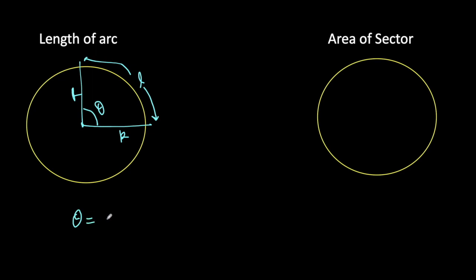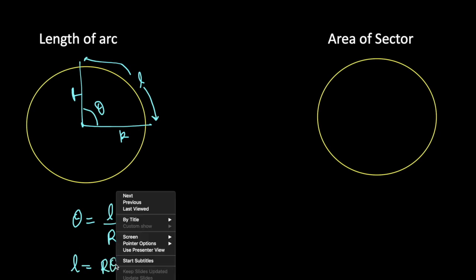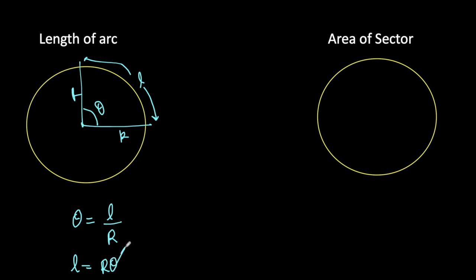So theta is equal to the arc length divided by the radius. So l is equal to the radius of the circle multiplied by the angle, and you have to remember this angle is in radians. You can also write it as l equals r theta, where theta is in radians. This is the way you calculate arc length.